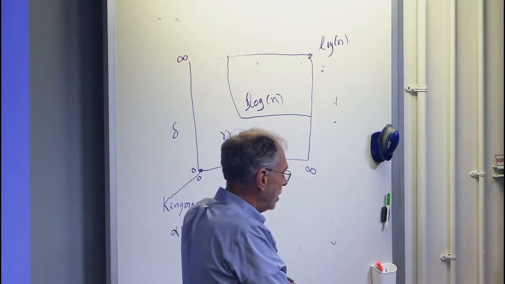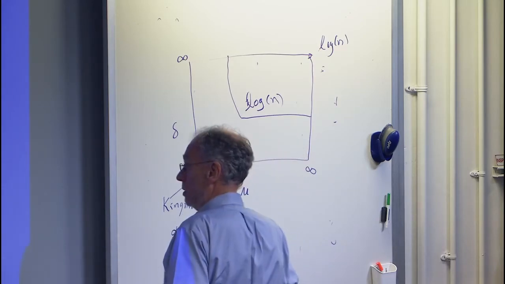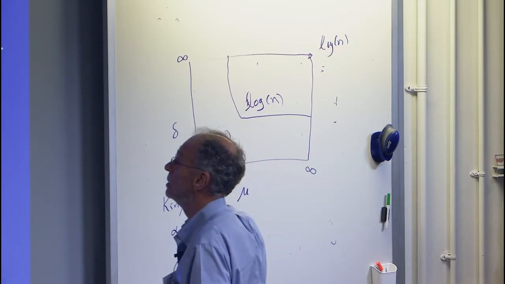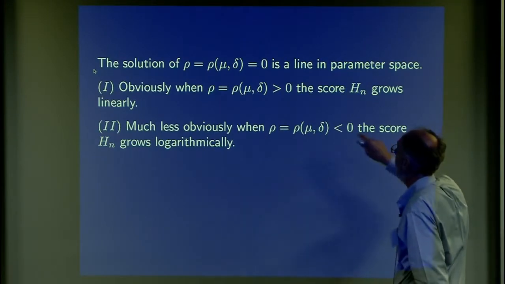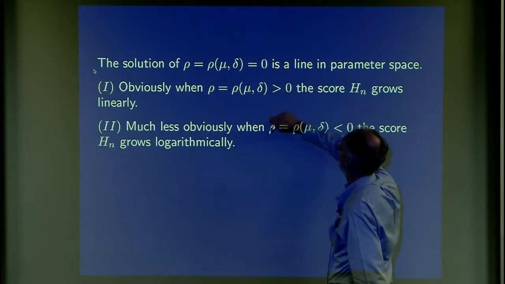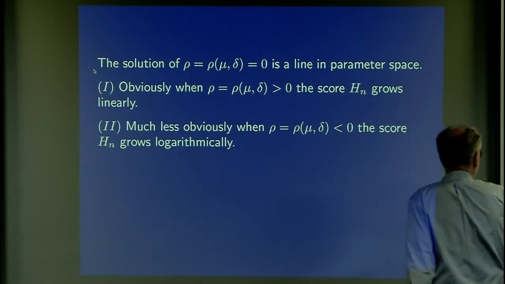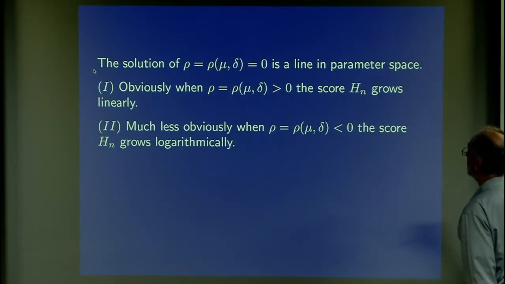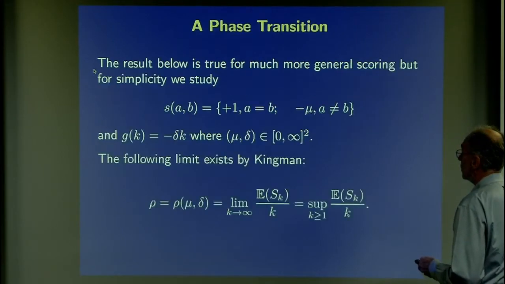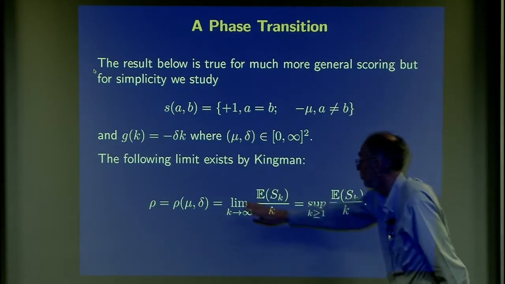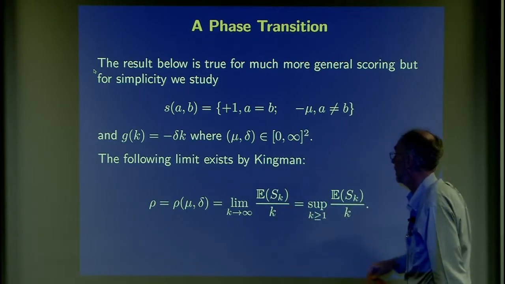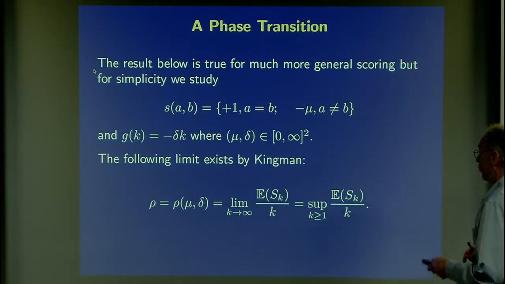And the line was defined, the line is simply finding where this limit, the expectation divided by the length, is 0.